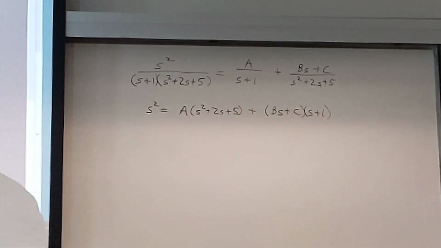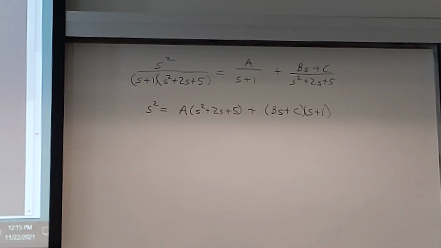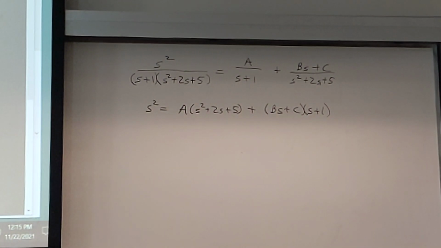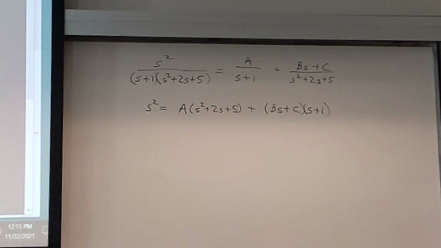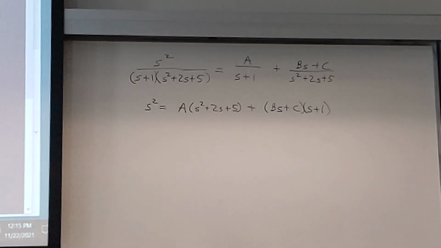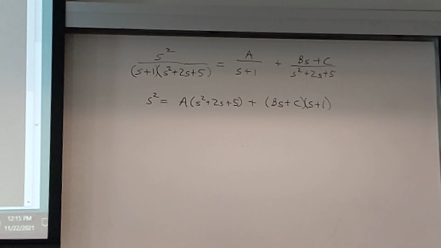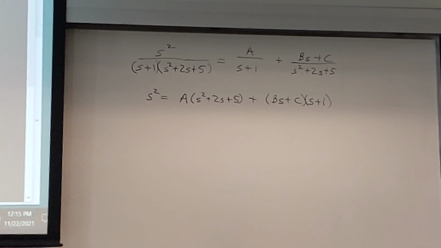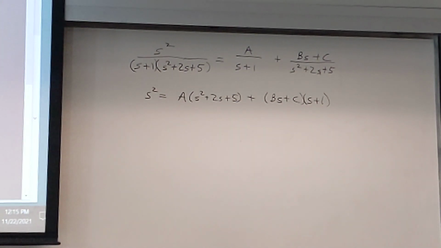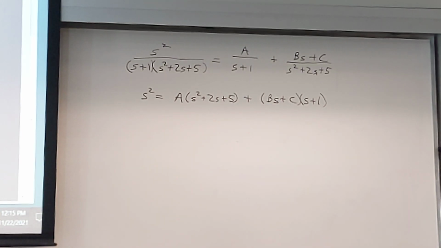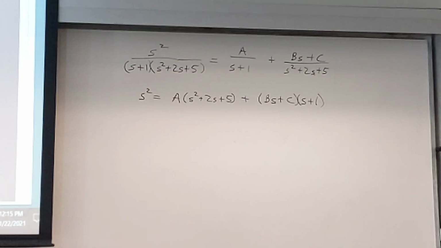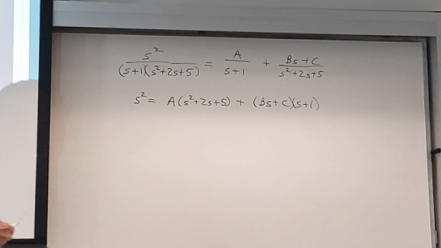Right? Now, what technique would you use to solve this? What would be the first thing you would probably do? Comparing coefficients. No, let's not use coefficients first. Substitutions? Is there a nice substitution you would like here?